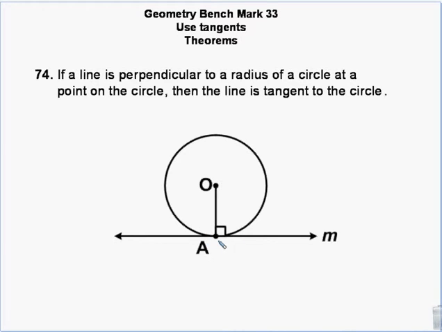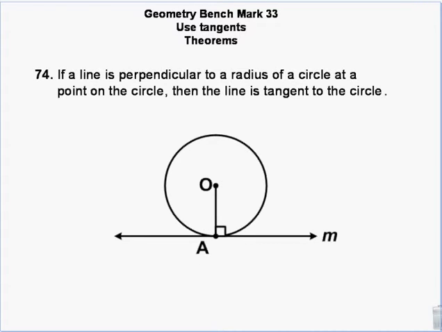There's no way to have a tangent line that is not perpendicular to a radius, because if I draw this radius over here, I'm not even touching the line. So it's going to be perpendicular to the radius at the point where it touches the tangent line. Anytime you have a radius touching the tangent line, it will be a 90-degree angle. That's what you need to get from there.